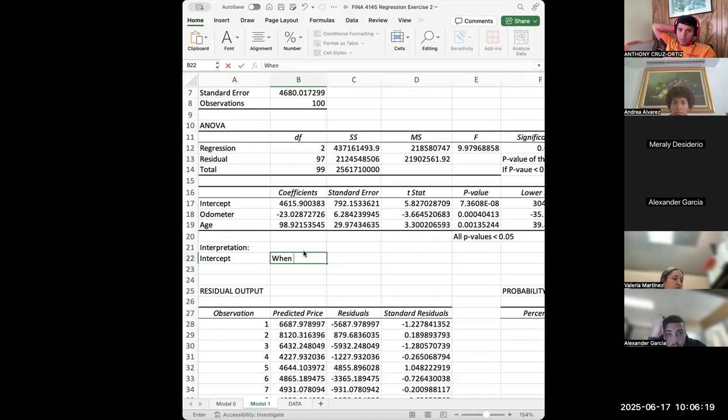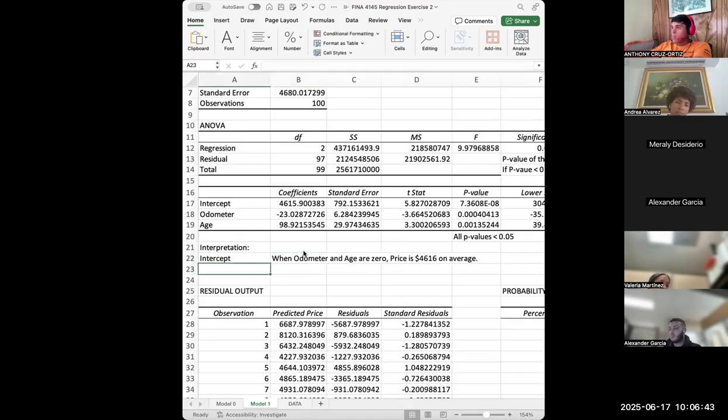Okay, so when odometer and age are 0, price is 4,616 on average. Okay, so now let's read odometer.